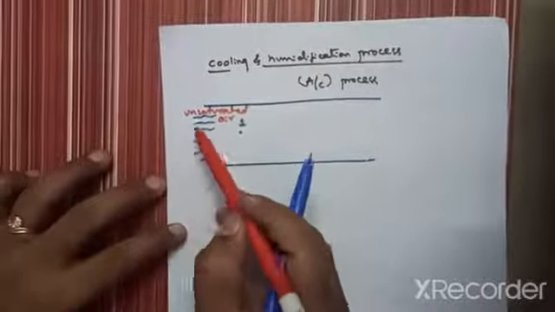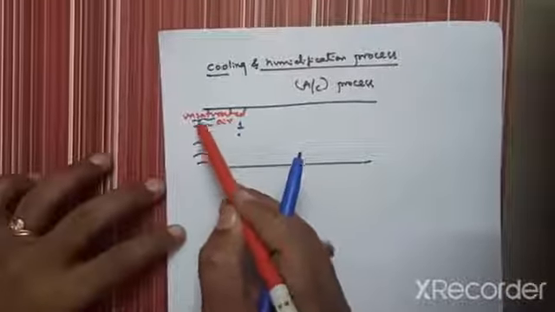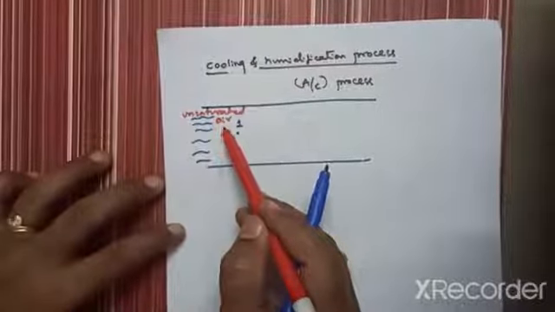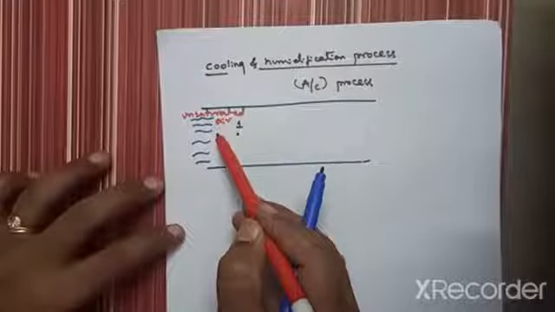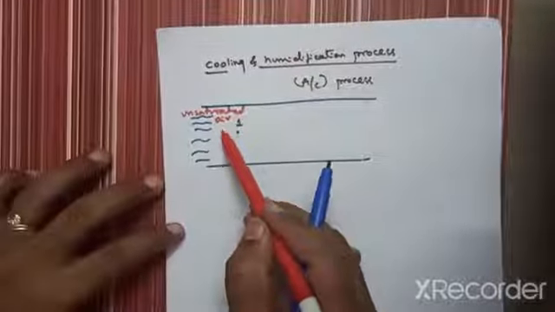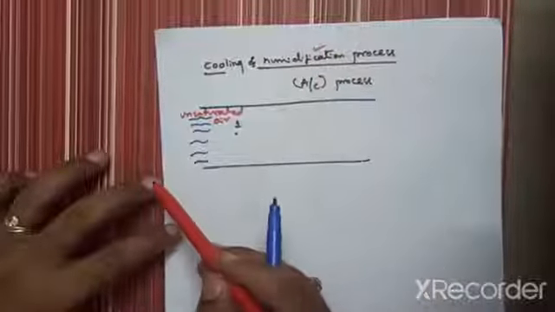When air is unsaturated, it means it has an insufficient amount of water. To make it saturated, we need to supply water content, or supply vapor. So supply of vapor or addition of vapor is humidification.